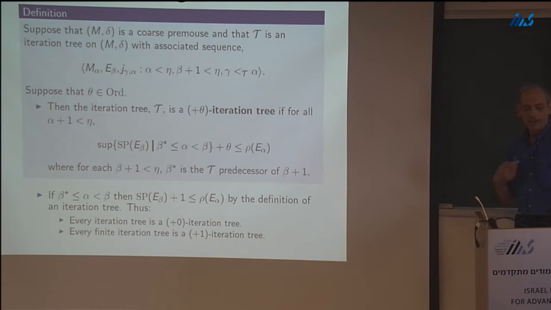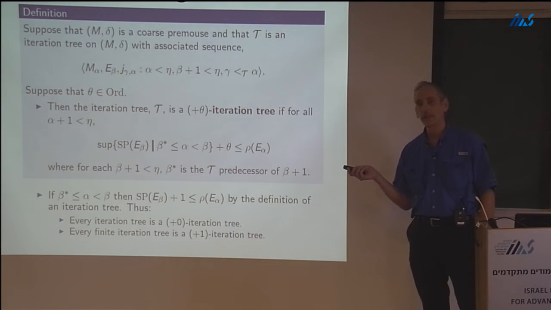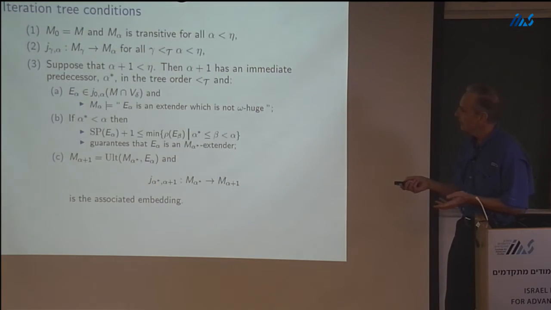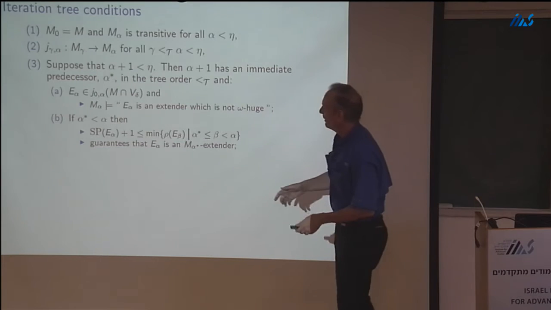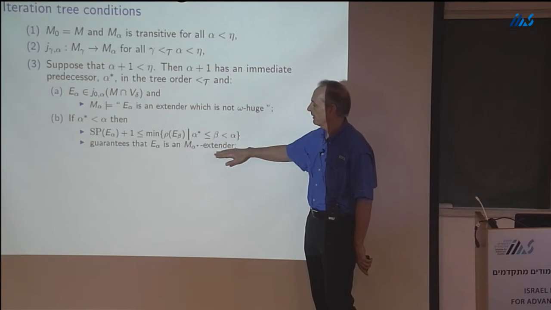Now, again, I'm going to very quickly focus on a special class of iteration trees for which it's only plus 1 that I'm going to be interested in. And I guess I should have said in the definition of the iteration tree, this is a bit stronger than you need. You don't need this much to guarantee that E alpha is an M alpha star extender.